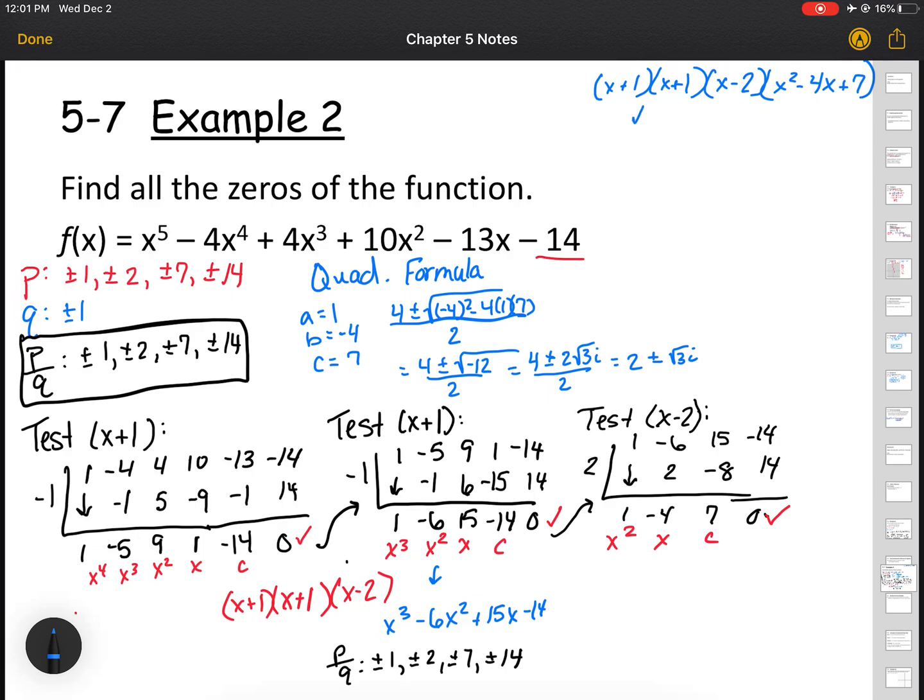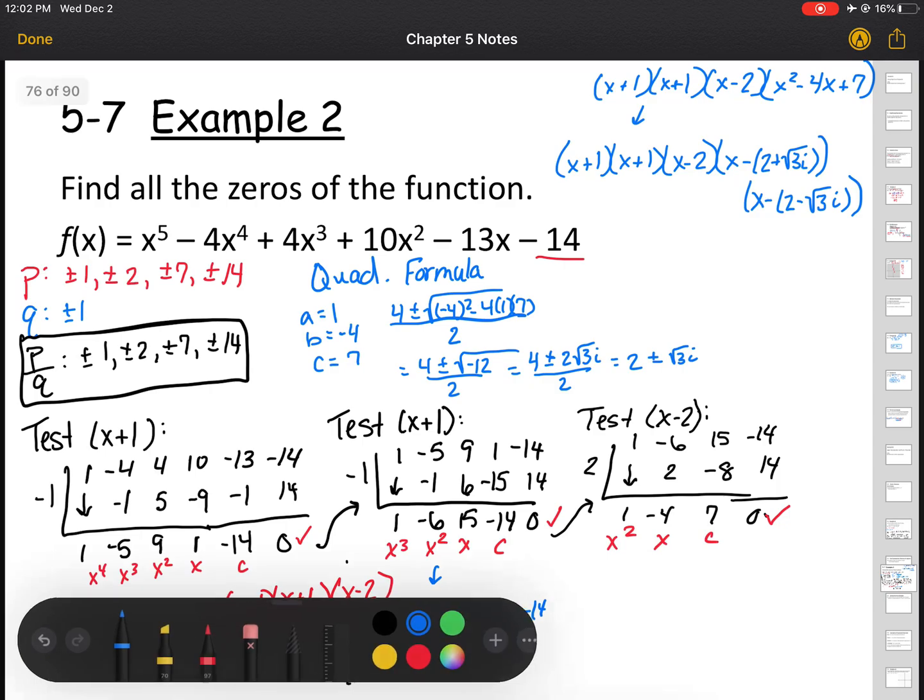So with my factors here, I'm dropping down x plus 1 times x plus 1, that was repeated twice, x minus 2. Then I'm going to have x minus 2 plus square root of 3i, and then my other factor is x minus 2 minus square root of 3i.